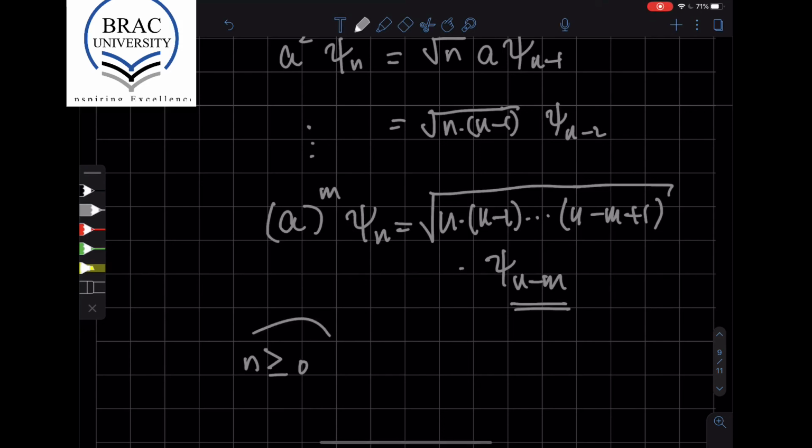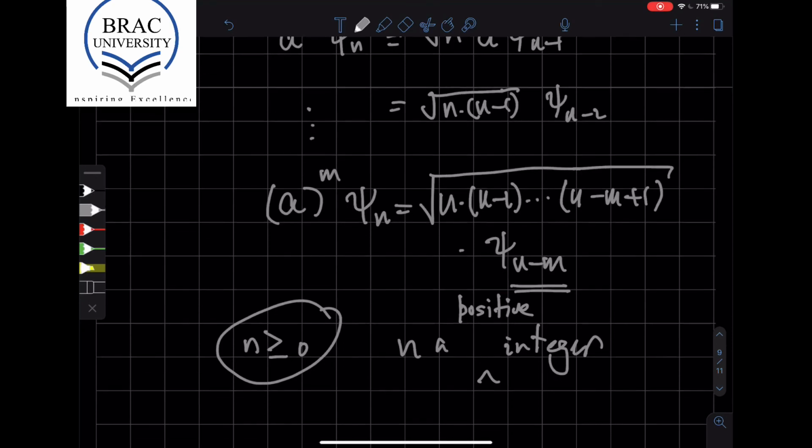So this would contradict this result. So the only way this doesn't happen is if the eigenvalue n is a positive integer.